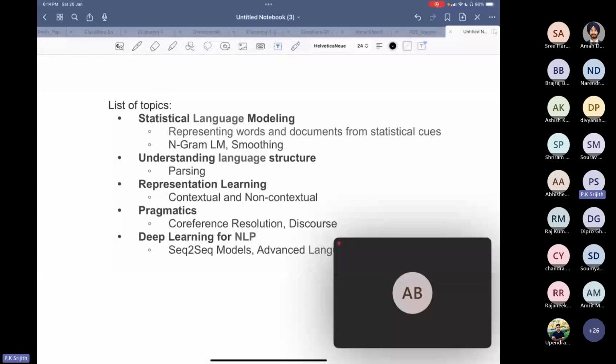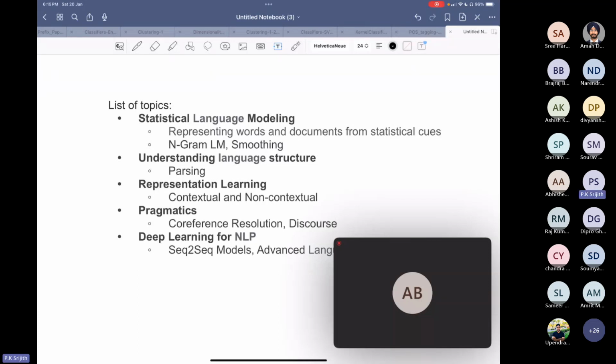Sequence labeling problems such as part of speech tagging can be seen as lower level problems in NLP. Then understanding more about the semantics of these languages and documents requires understanding things like parsing, pragmatics, co-reference resolution, discourse, etc. And we will be looking at those kinds of approaches in NLP also.